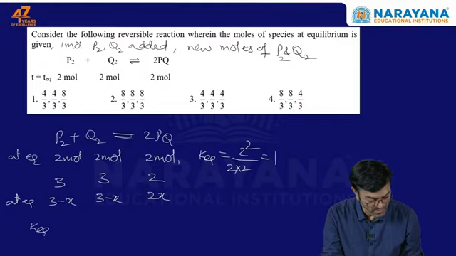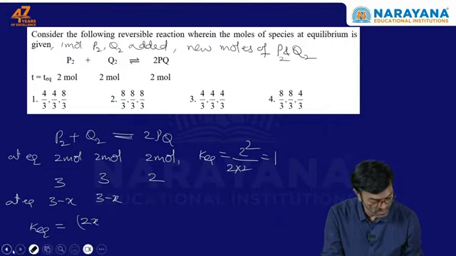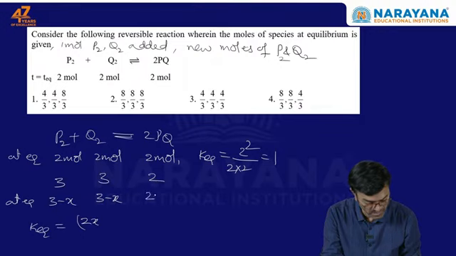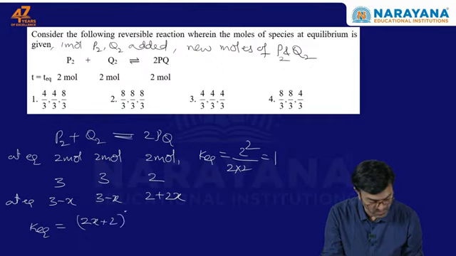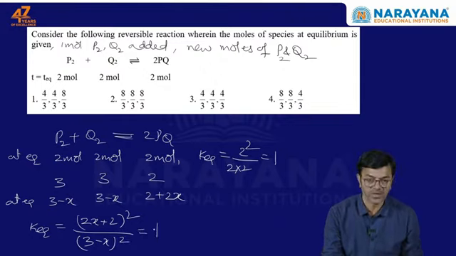So equilibrium constant Keq will be 2 plus 2x whole square by 3 minus x whole square, which will be equal to 1, because equilibrium constant depends only on temperature.